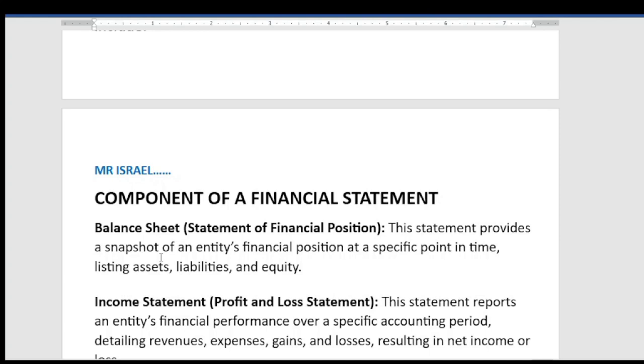Number one, you are going to see what? Statement of financial position. Two, you are going to see your income statement that will specify whether you made profit or loss. Thirdly, you are going to see your statement of cash flow that specifies the inflow and outflow of money.